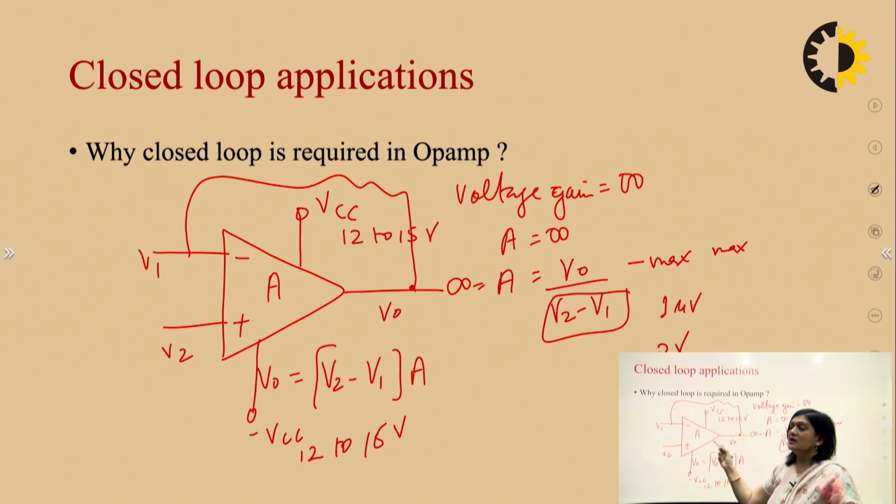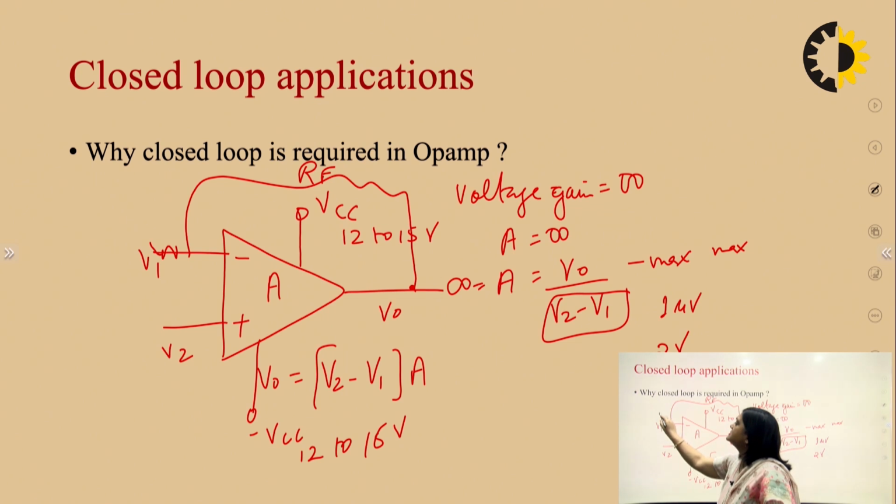Because in open loop what we have seen is that the gain is infinite, gain is maximum, and so for any values of V1 minus V2, output is maximum. That is at the saturated value. So by taking the negative feedback, this gain will be decreasing. Gain will not be infinite, it will be decreased, and it will be controlled by the factor RF and R1.